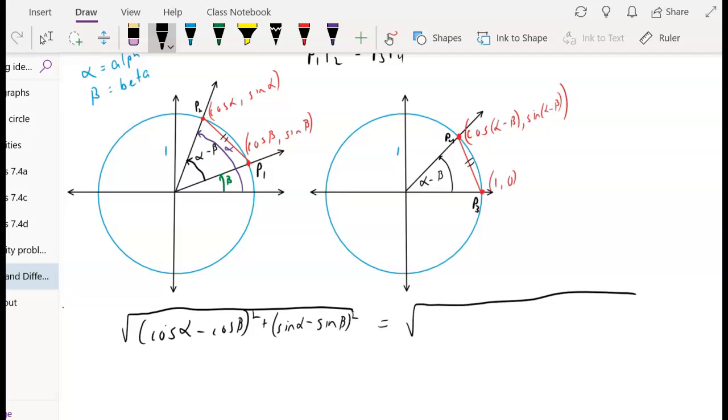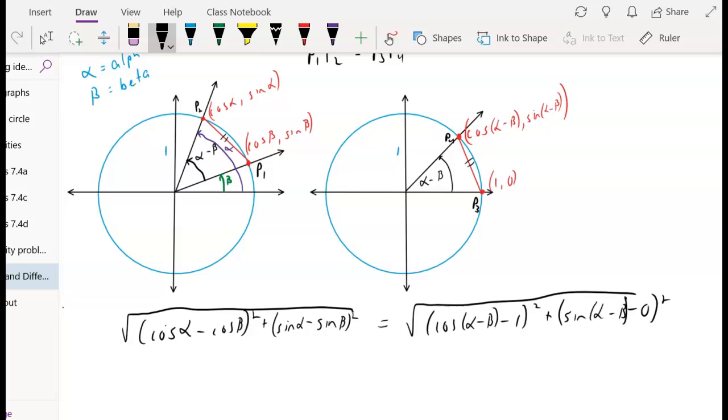And that is the same length as P3, P4, so coming from over here, the difference in the x's would be the cosine of (alpha minus beta) minus 1 squared, plus the difference in the y's would be the sine of (alpha minus beta) minus 0 squared.